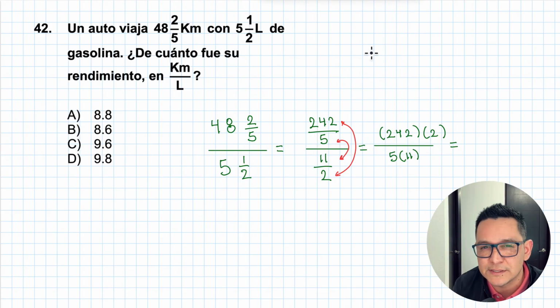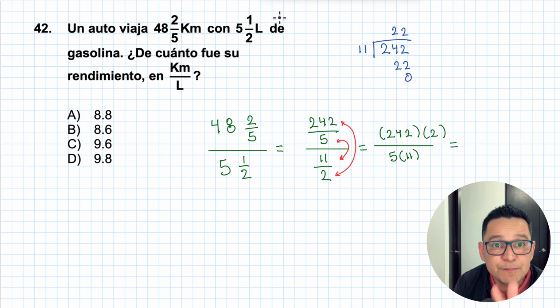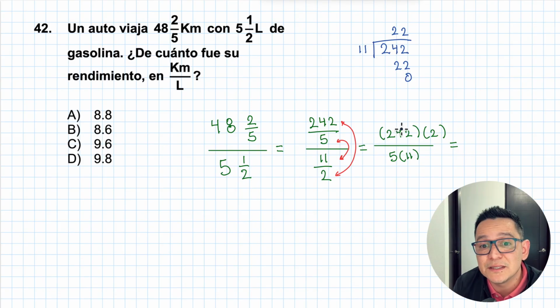Here, 11 goes into 24 2 times. 2 times 11 is 22, and 24 minus 22 is 2. I bring down the 2. 11 goes into 22 2 times. 2 times 11 is 22, and 22 minus 22 is 0. Yes, you can divide 242 directly by 11.